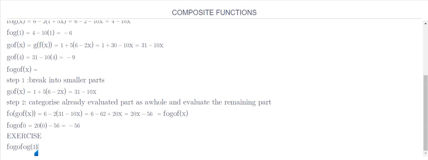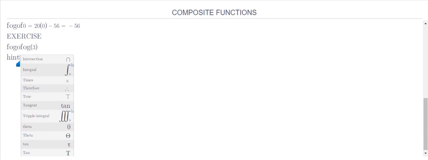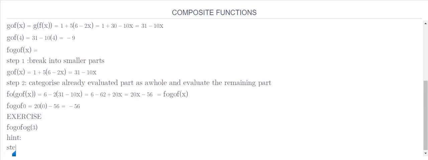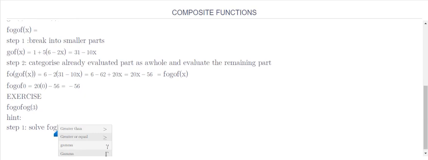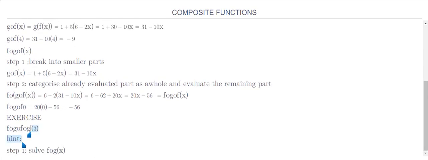So here's step 1. Let me give you a hint. Step 1: solve f of g of x, and that we have gotten from the innermost. The innermost is this one.